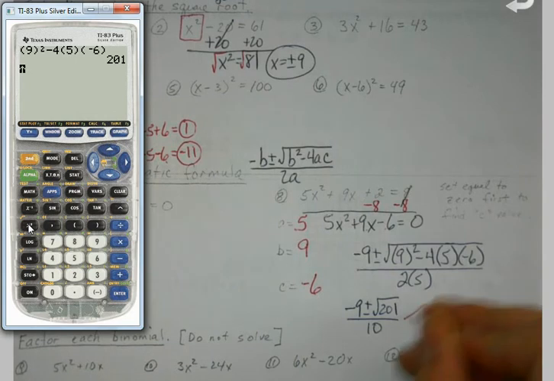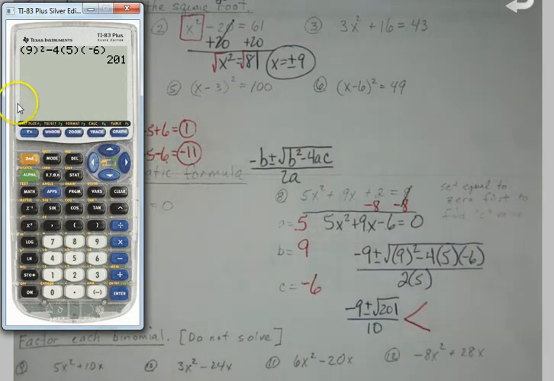So when I go to split this into my two answers, I'd just do it piece by piece here. So negative 9 plus the square root of 201. Now here's one suggestion I'd make too. If I were to put in the divide by 10 here, here's why this is a bad idea.